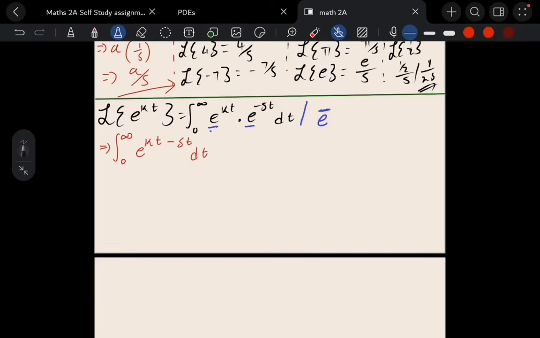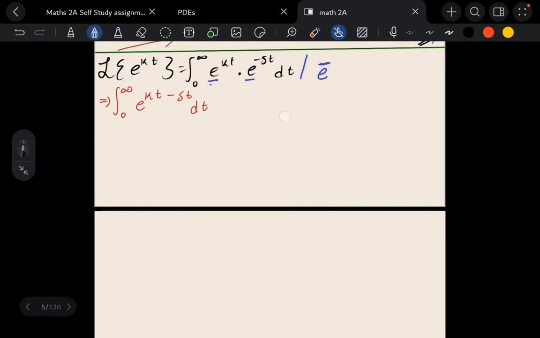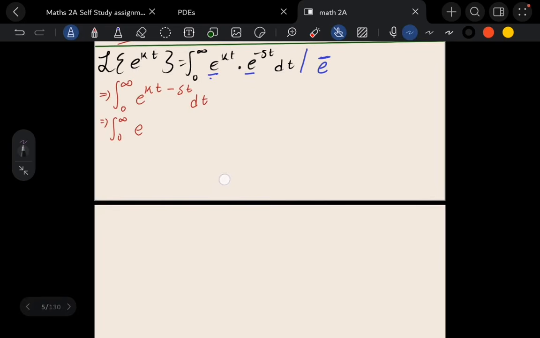Do you understand that? So what I am going to do next, from 0 to infinity, is take out the common factor of a negative. If I do that, I'm going to have e to the negative, in brackets, s minus k, t dt.